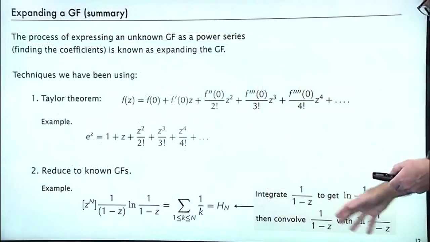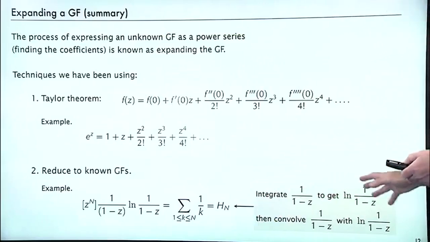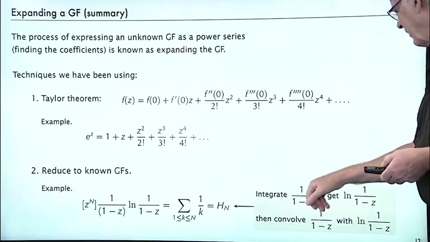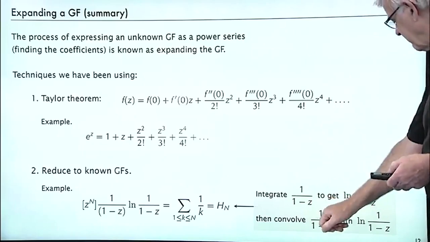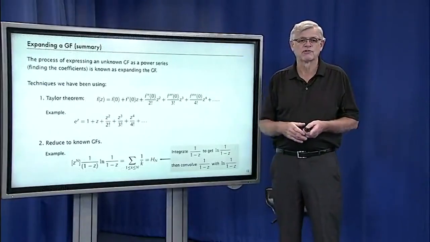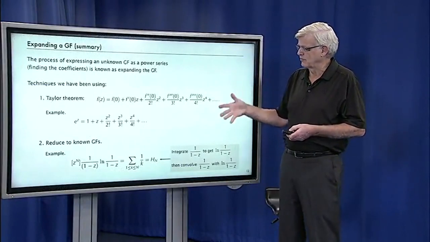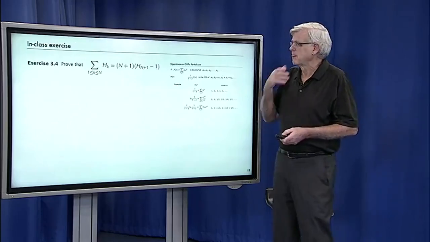And the other way, if we're given this sequence, how do we find the generating function? It's just the same thought, worked the other way. We integrate 1 over 1 minus z to get the generating function for 1 over k, and then convolve it with 1 minus z to get our generating function. So that's working with generating functions, just using the basic operations that we've talked about.